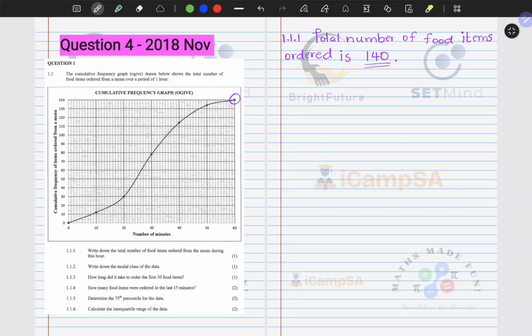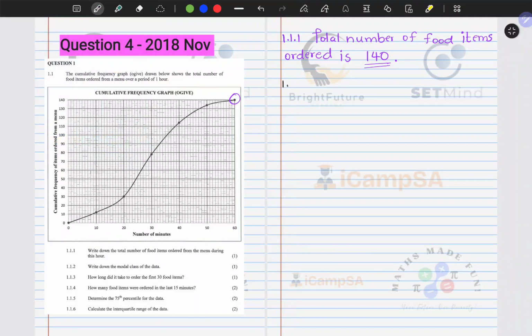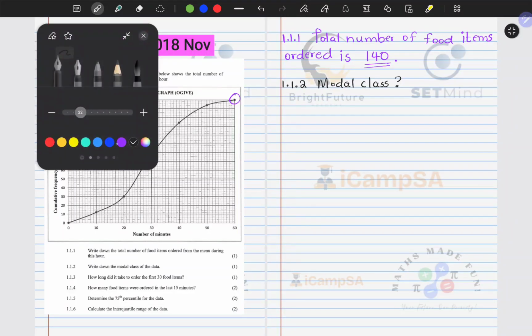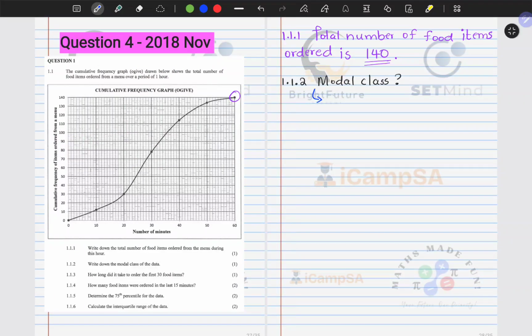And then what we are required to do is to write down the modal class of the data. So let's have a look at the next question, which is 1.1.2, where we are required to determine the modal class of the data. So there's a couple of ways that you can deal with this, and how we are going to figure out the modal class when given the Ogive curve.